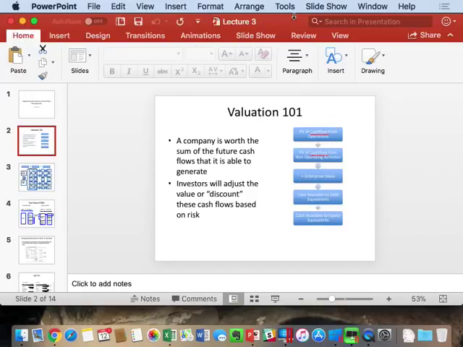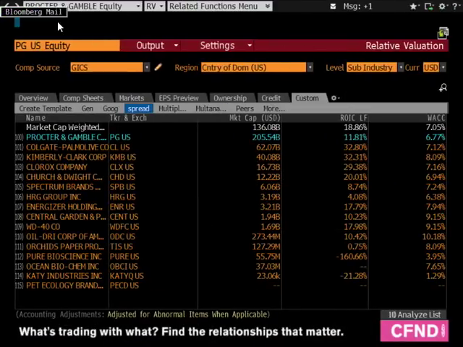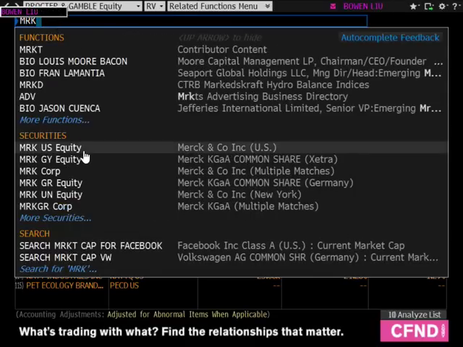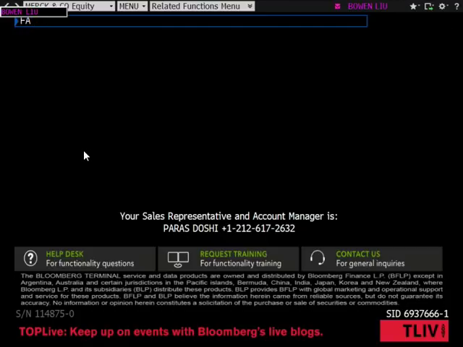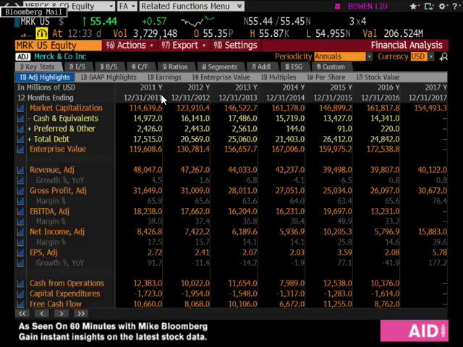So for example, if I am Merck, right now, Merck has cash of about, let's do the latest filing.